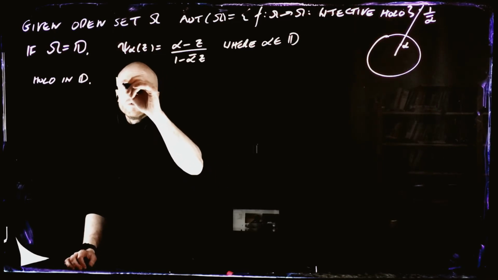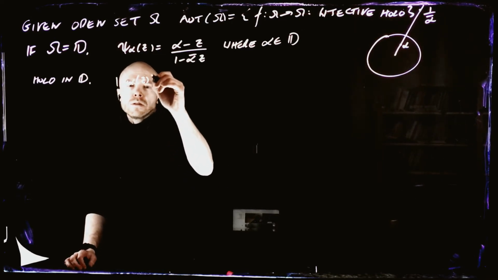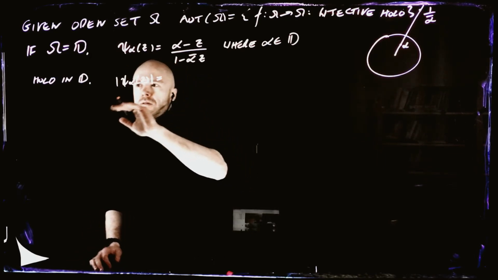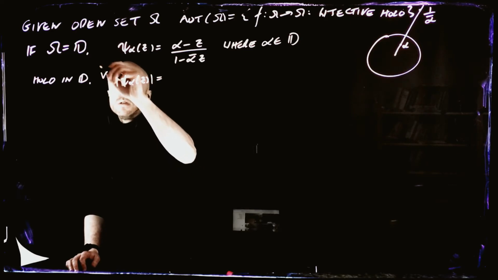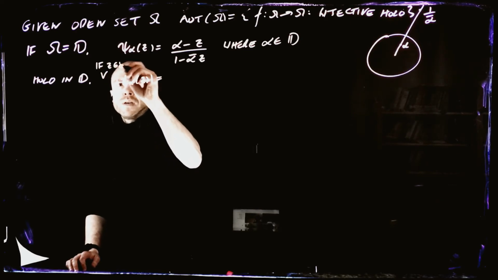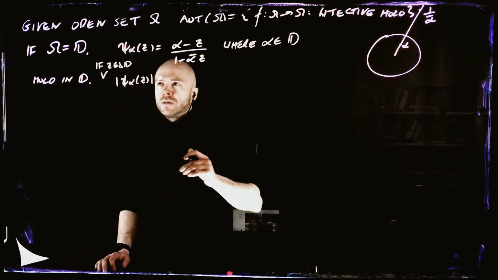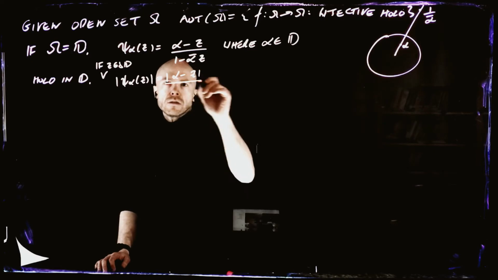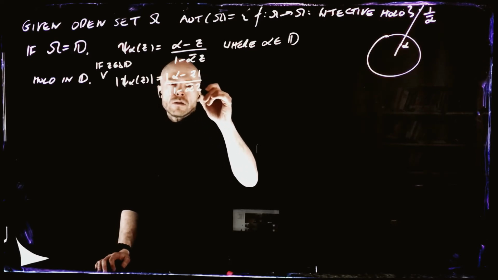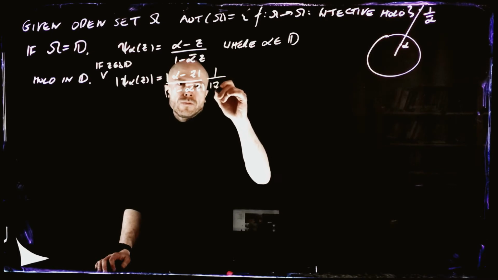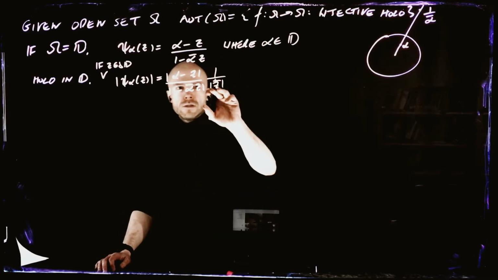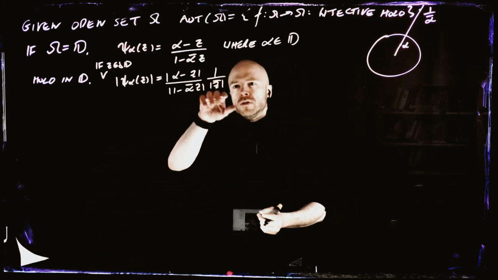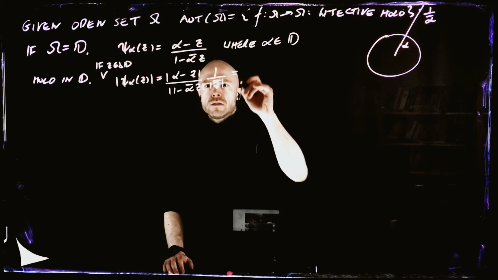So notice the following thing. If z belongs to the boundary of the disk, then, because z has got length 1, z bar has got length 1, so 1 over something of length 1 is just 1. And then what is this?